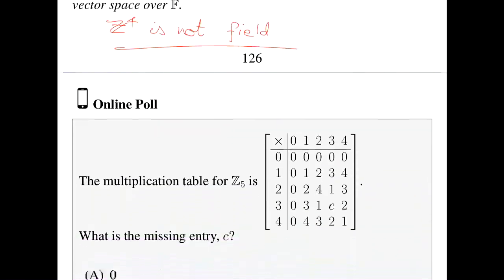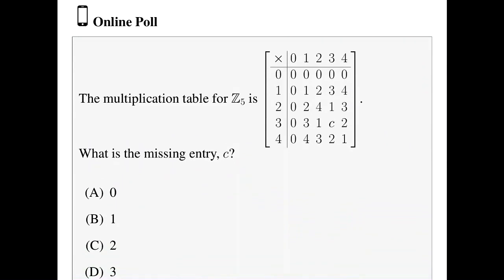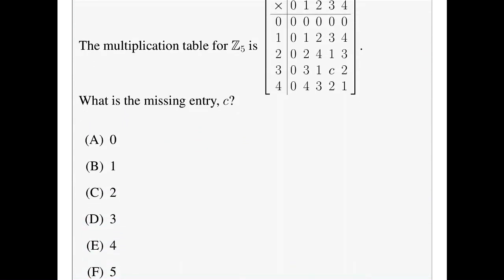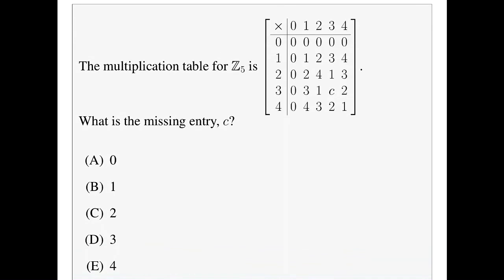All right, let's do a poll. Here is Z5. I've written down the multiplication table, but there's one entry missing. What is that missing entry?